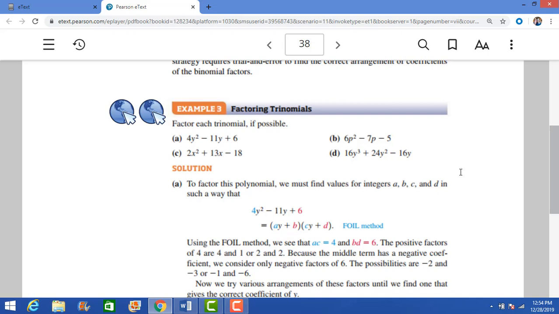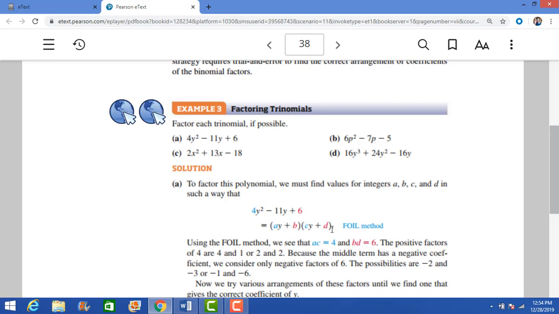Let's use A as an example. We know that it has to be in this form if we use the FOIL method.